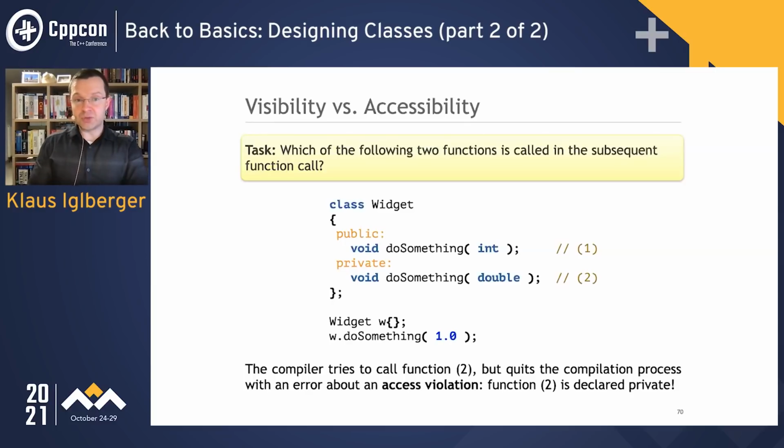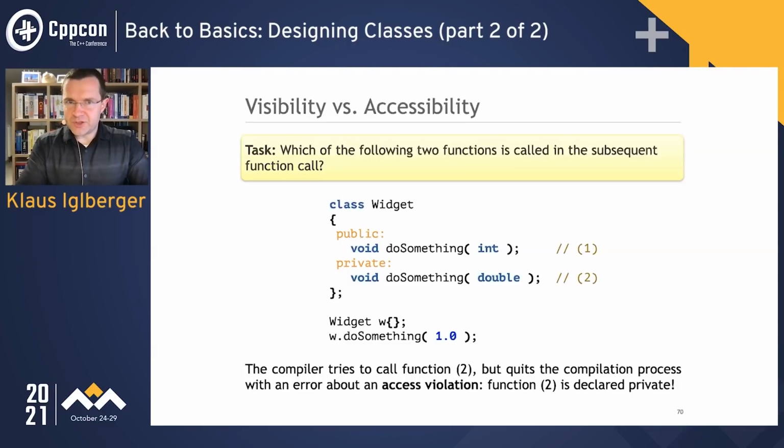The overload resolution would say, given 1.0, I would choose function 2. And then only in a later step, we discover, oh, it's actually private. We cannot call it. And no, there's no going back and the overload resolution doesn't change its mind. No. Function 2 selected, function 2 it is. If there's a compilation error later, it's a compilation error.